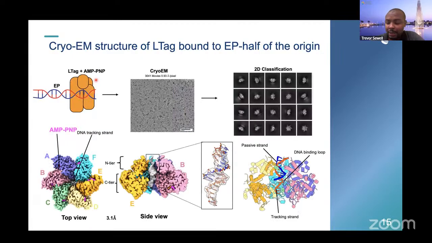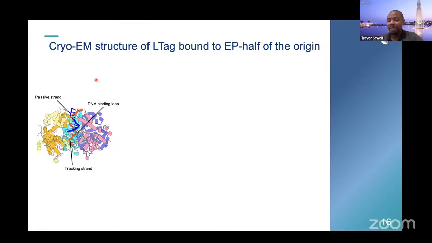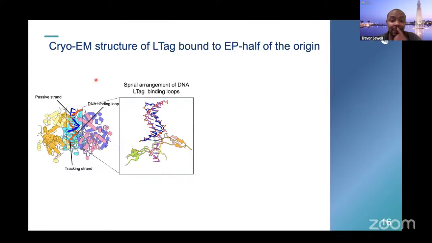So what could we understand from this atomic model? So first, we zoomed into the interaction between the protein and the DNA, and what we see is that you have DNA binding loops from the protein that arrange in a staircase conformation around the DNA.